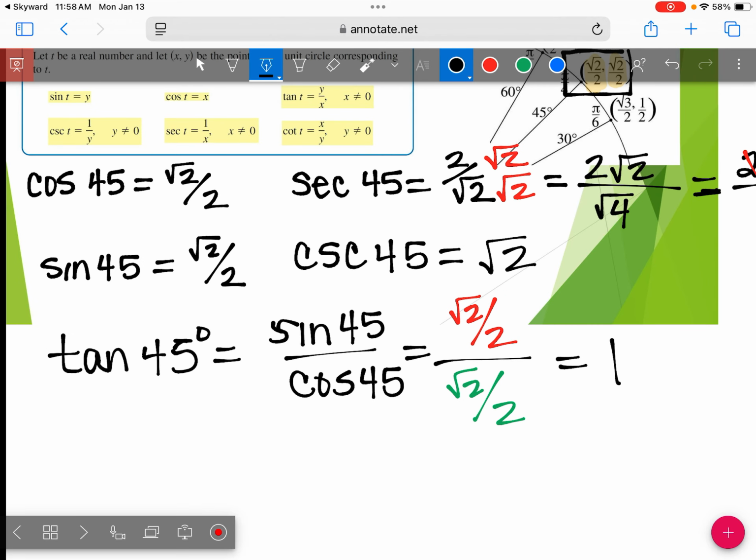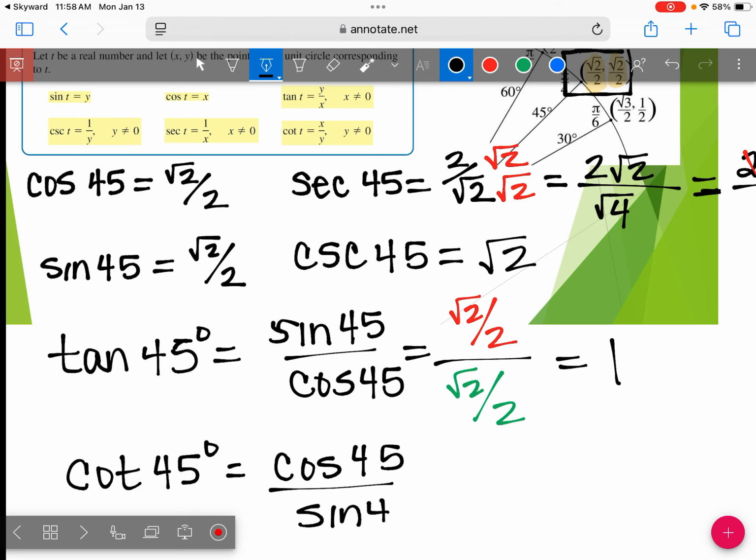And the cotangent of 45, that's the cosine of 45 divided by the sine of 45. So that would be, again, root 2 over 2 divided by root 2 over 2. And that would also give you 1.